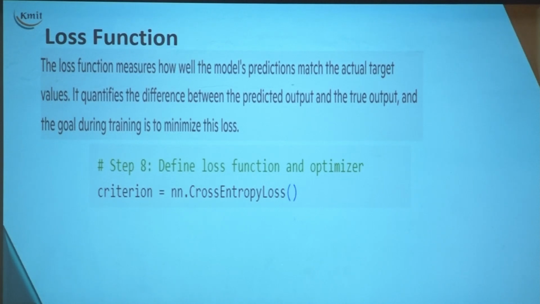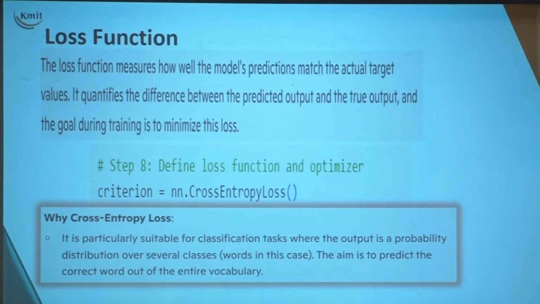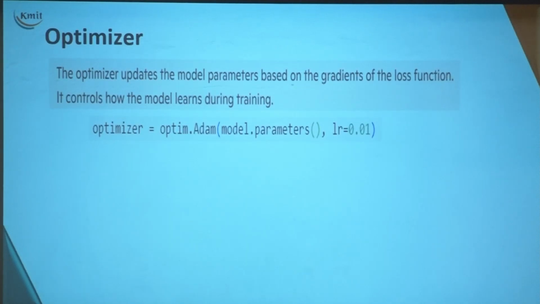Here, predicted output is your output logit. True value is the vectors that you already have stored inside your model. You are using cross entropy loss function because the output is a probability distribution over several classes. Optimizer will update all your model parameters based upon the gradient of your loss function.